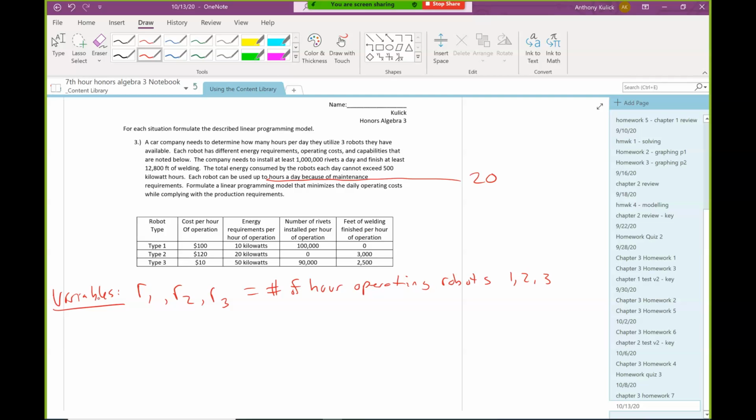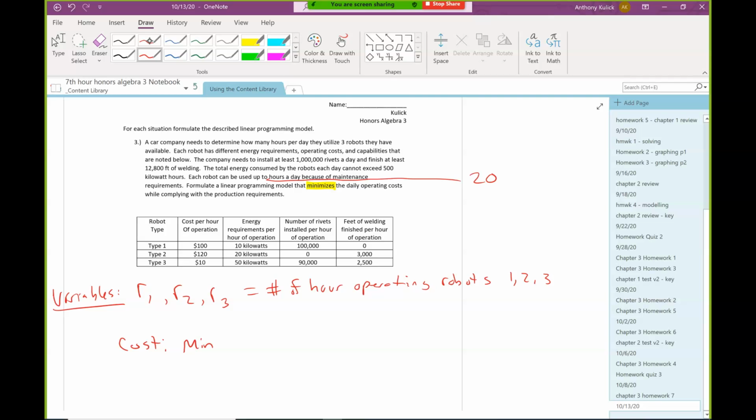Okay. So the next thing, let's write our cost function. Is this cost function going to be a minimize or a maximize function? Minimize. How did you know that? Yeah, it says it right there, right? It wants to determine the minimum. So what quantity is it asking to minimize?